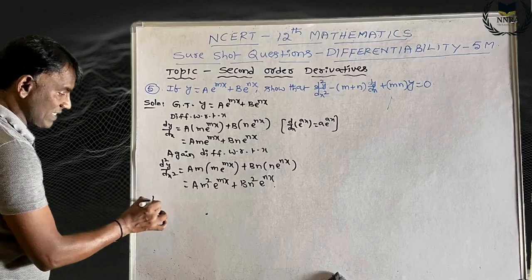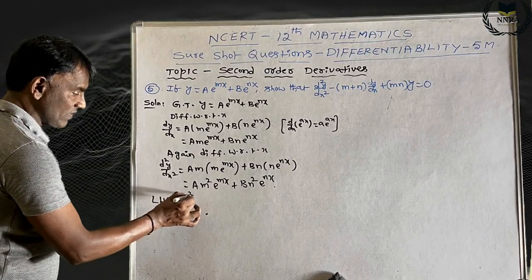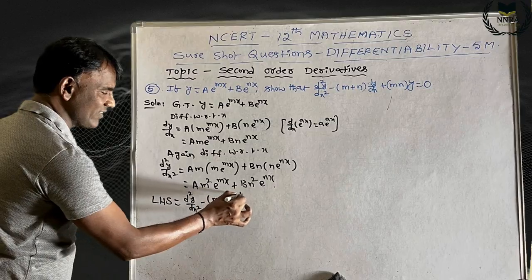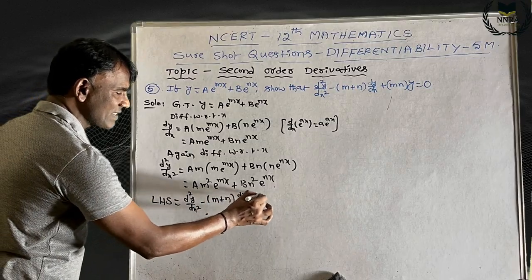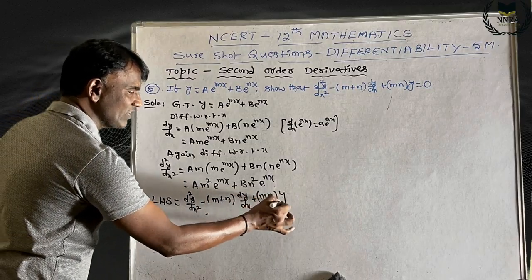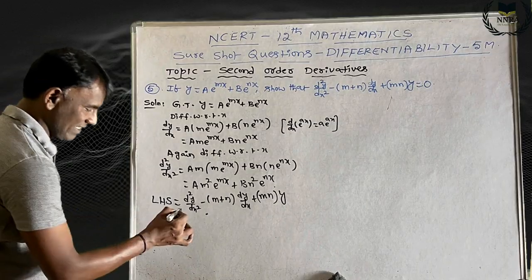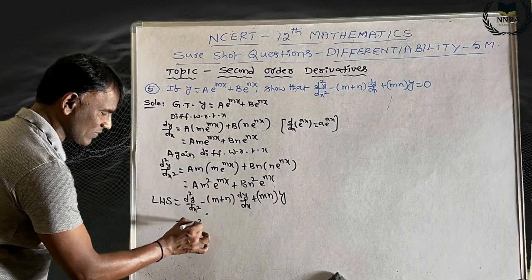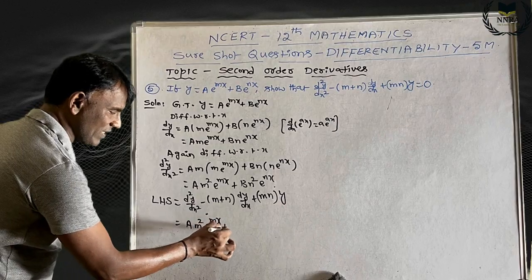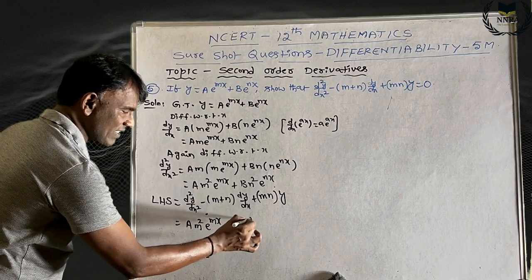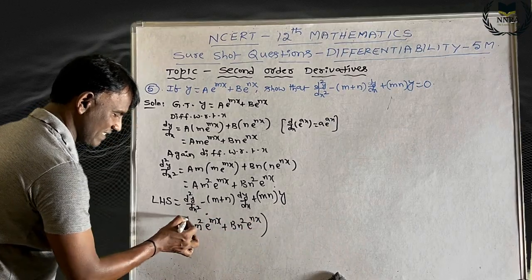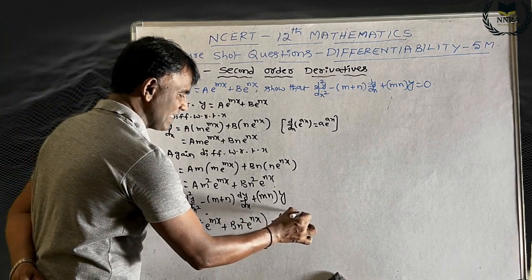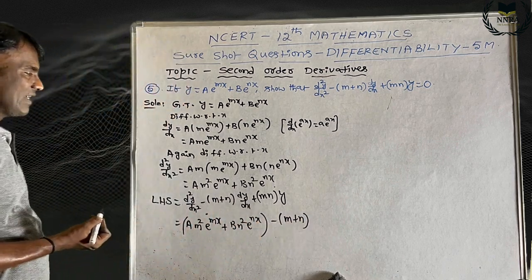Now what is that left hand side value? So d square y by dx square minus of m plus n into dy by dx plus mn into y. Clear? And now d square y by dx square means this is the value am square e power mx plus bn square e power nx, right? Minus of m plus n into dy by dx.